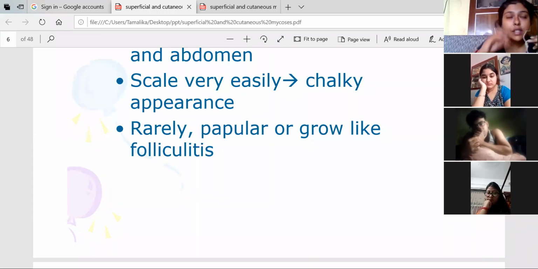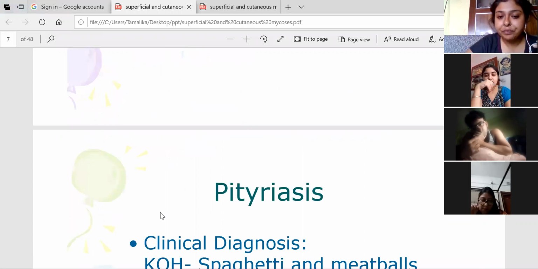So elimination of this fungus or elimination of the disease takes a lot of time if it is mycosis. Am I clear or not? Whether it is superficial mycosis or systemic mycosis, whatever it is, it is very difficult to treat.